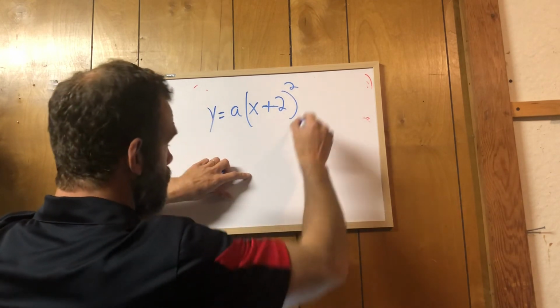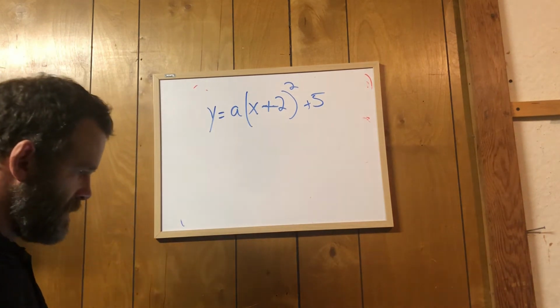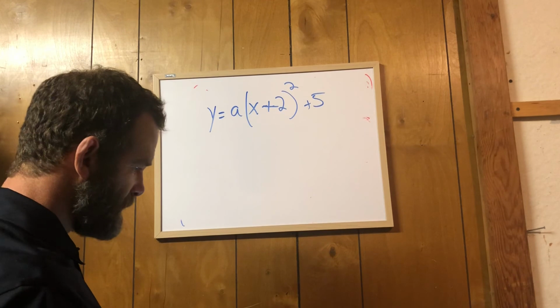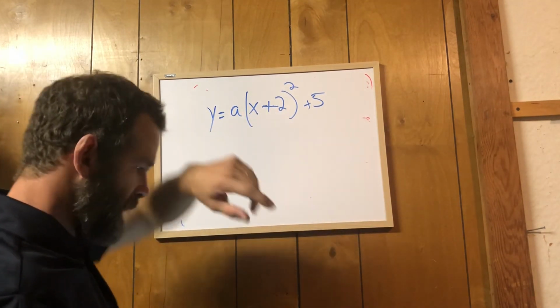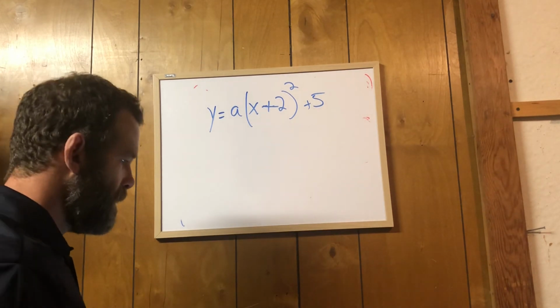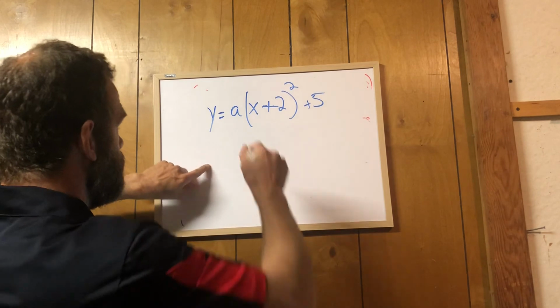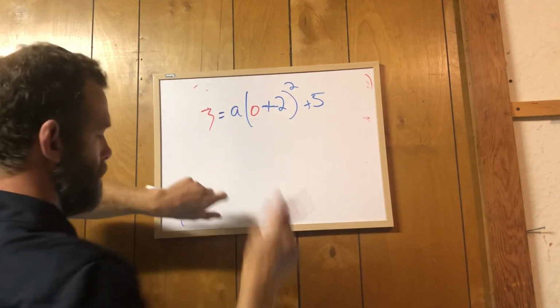Your y coordinate was positive 5. I should already be able to tell that my answer is B. All the other ones, A, C, and D, don't give this equation, x plus 2 squared plus 5. Anyways, if there were 2 possible choices that were B, what you would do is plug in 0 for your x and 3 for your y to solve your A.